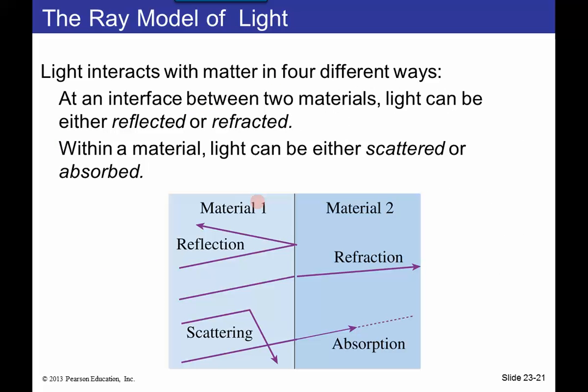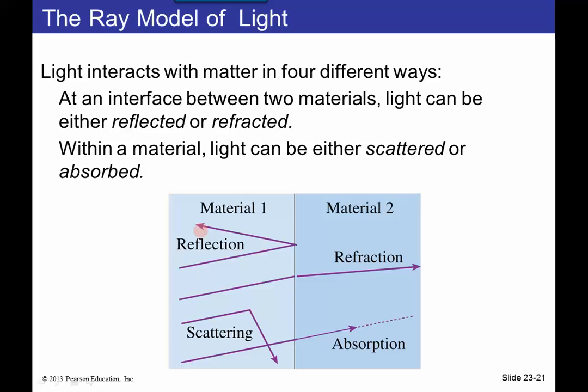So there are four things that could happen to rays when they interact with materials. Imagine that we have a material one here and a material two here. This could be just air, and this could be glass, and there is an interface here. One thing that could happen is that a ray comes and gets reflected.